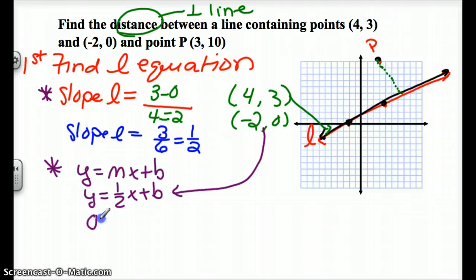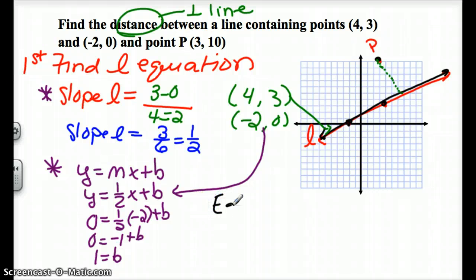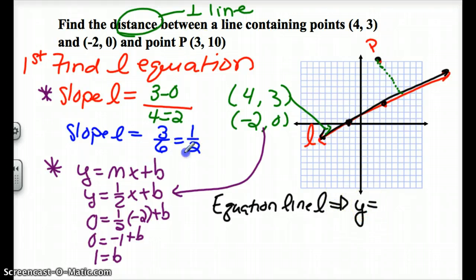So 0 equals one half times -2 plus b, and I'm going to get 0 equals -1 plus b. So when I move my 1 over, I get 1 equals b. I was looking for the equation for L, so my equation for line L is y equals one half x plus 1.